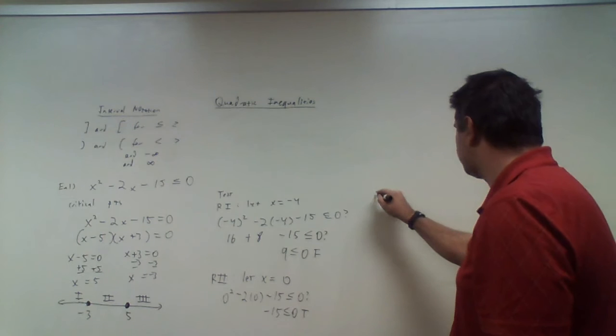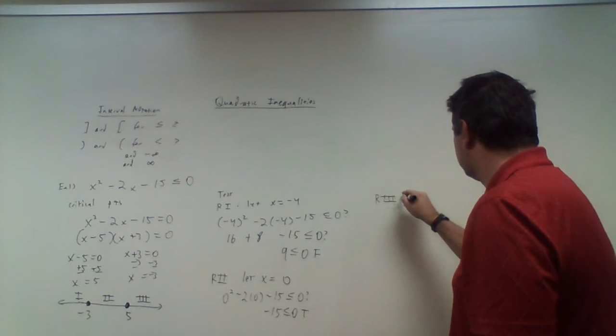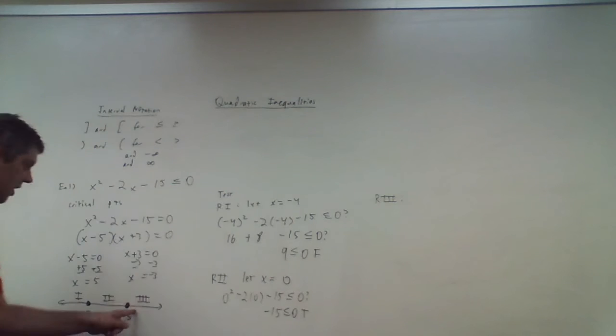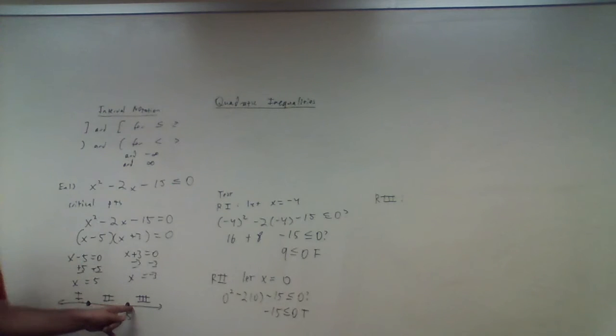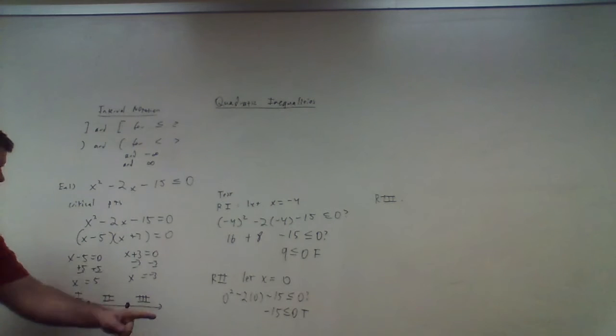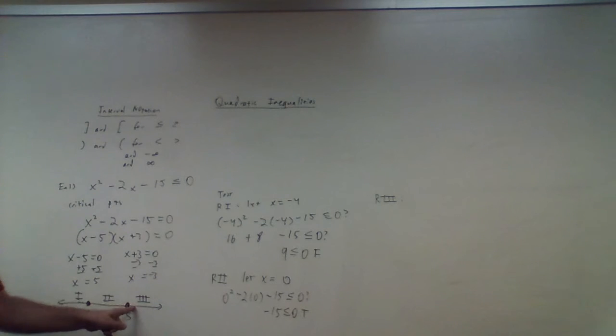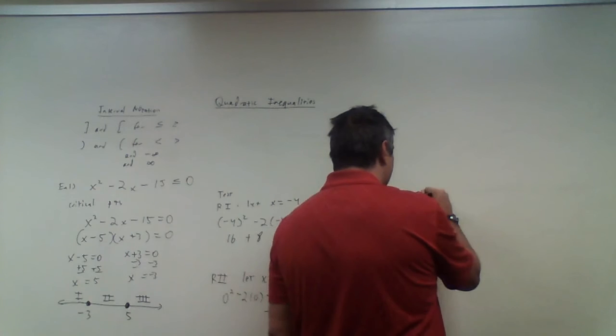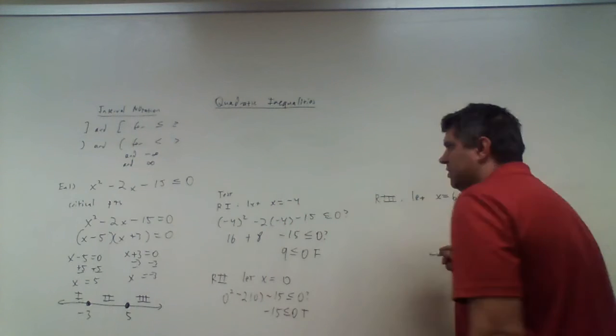Next I will test region 3. For region 3, I can use anything after 5. I could use 5.1, 5.2, or 6, 7, 8, 9, 10, and so on. I'll do 6. It's the first integer value in the region.